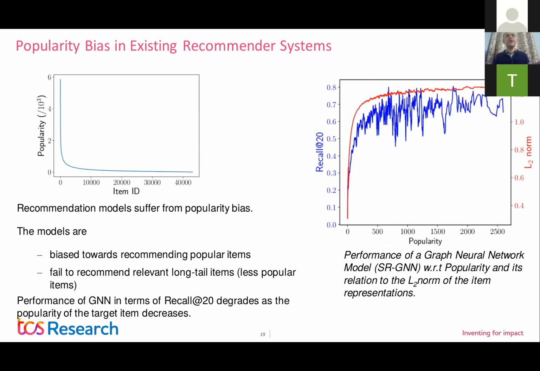Now, one problem here with this kind of approach is related to this notion of popularity bias. What has been seen in most recommender systems settings is that you typically have a very large number of items, but only a few of these items are actually popular and are recommended more often and therefore clicked more often, right?